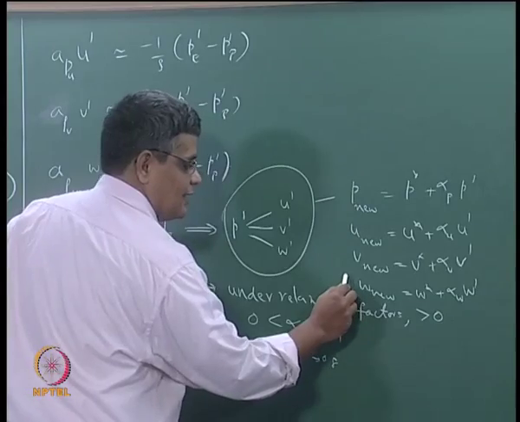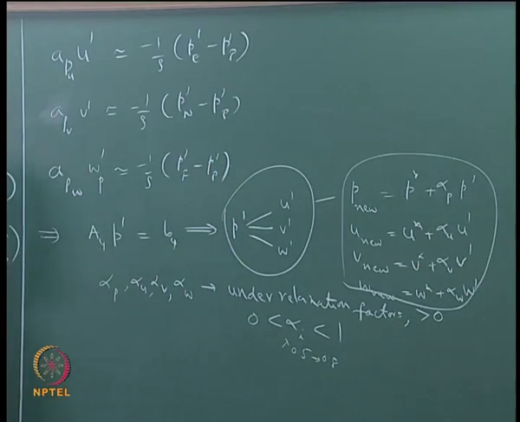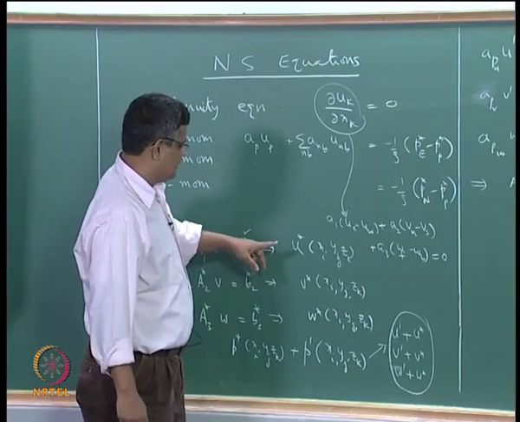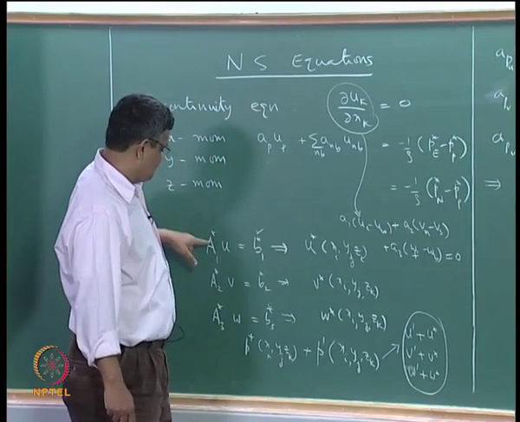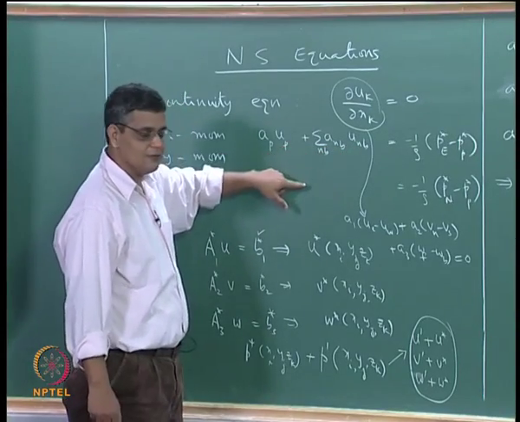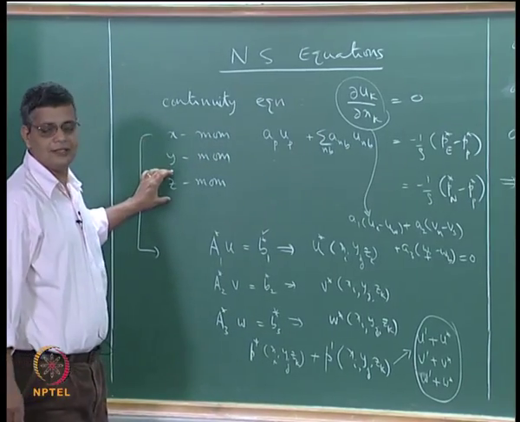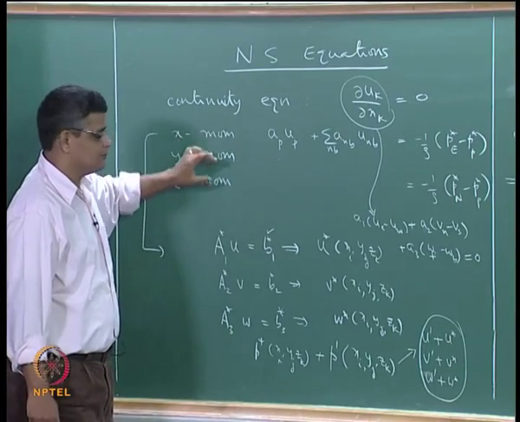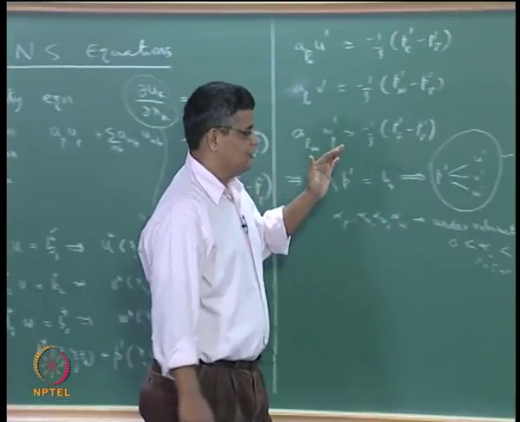So these new values are not fully correct because these are based on a guessed velocity, guessed pressure field, and also the coefficients that are coming in the A1 in the discretized individual momentum equations have some estimated values of u, v and w. Similarly, this one will have estimated values of u and w and so on. So this is not necessarily fully correct.